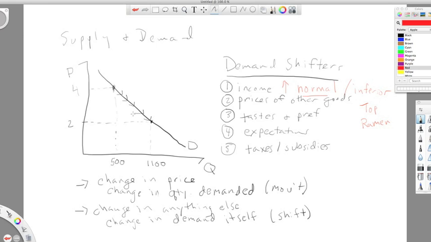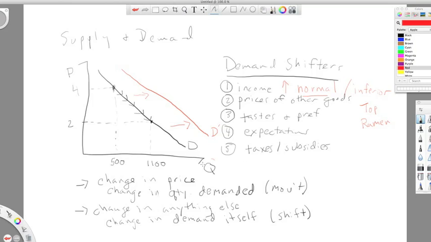So maybe we're talking about the demand for pizza again. And when income goes up, we would expect to see the demand for pizza would increase. So I'm going to draw this red demand curve, call it D prime. I'm going to shift or show the shifting of the curve with these arrows moving this thing to the right.